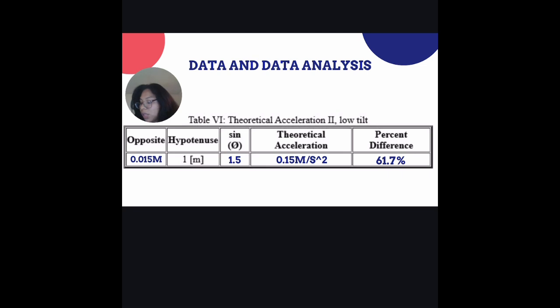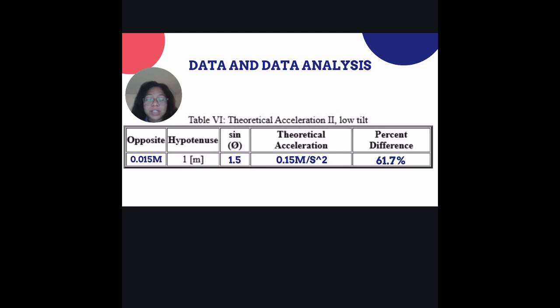Using that amount, we did 9.81 times 0.015 and found 0.14715, which we rounded to 0.15 meters per second squared as our theoretical acceleration.